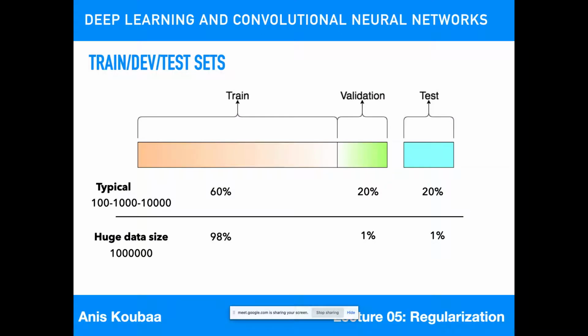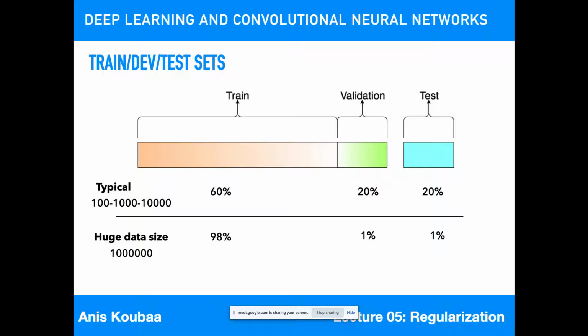Okay, now the question is how to divide train, validation, and test. I demonstrated this in my course, so you can see the implementation in detail. But the rule that we use here: if we have, for example, small scale data, say less than 10,000, but this is typical, I cannot say this is a rule.